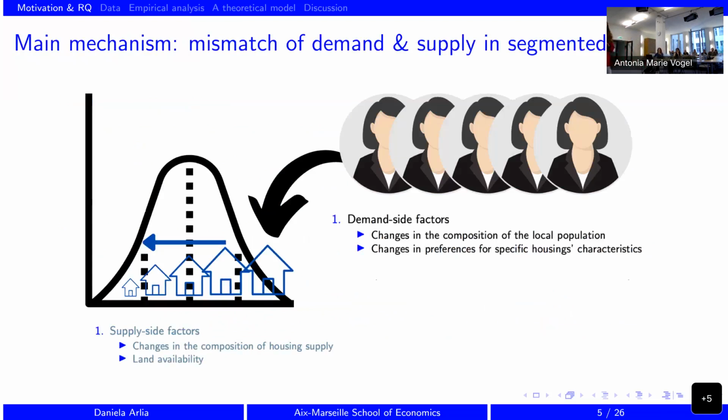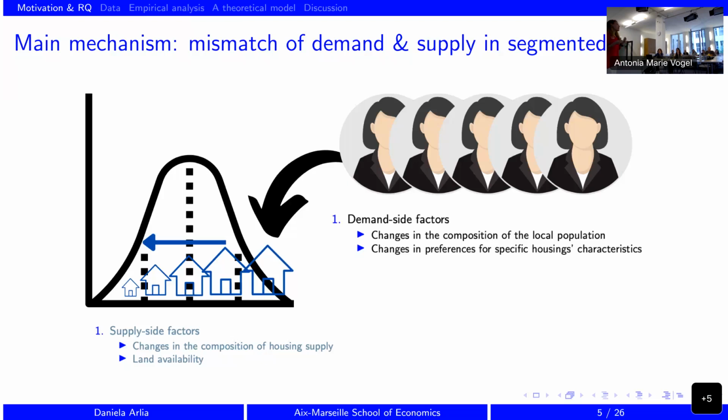The idea is that, due to this routine-biased technological change, we observe a change in the composition of the local population, the local workers, and this leads to changes in preferences for specific housing characteristics, because different types of workers want different types of housing. So when they arrive in a local labor market, they're going to look for housing belonging to specific submarkets.